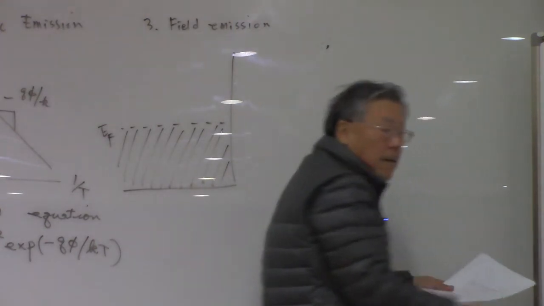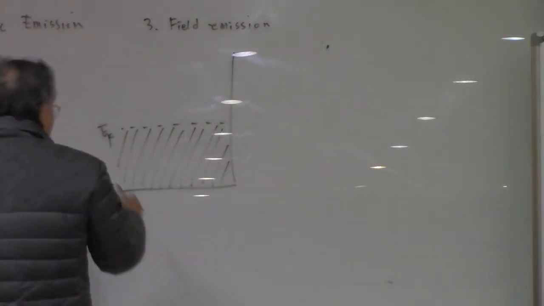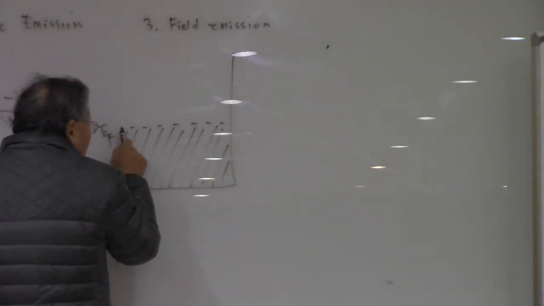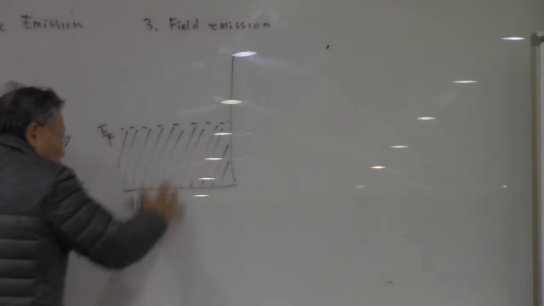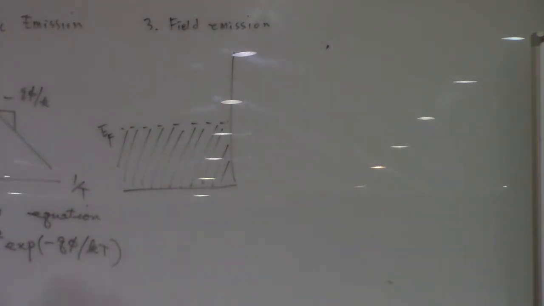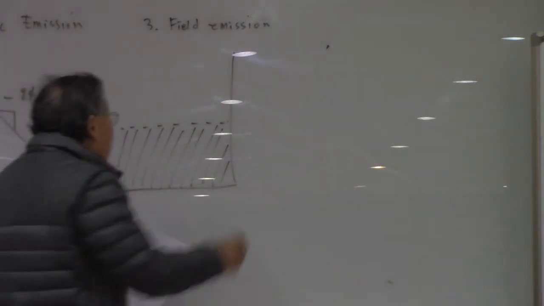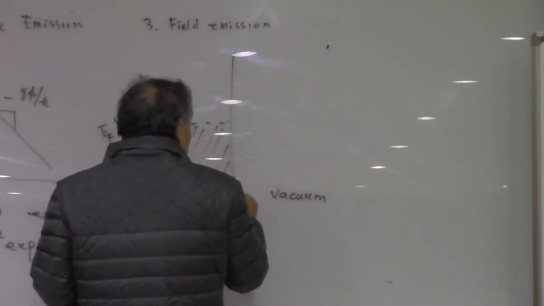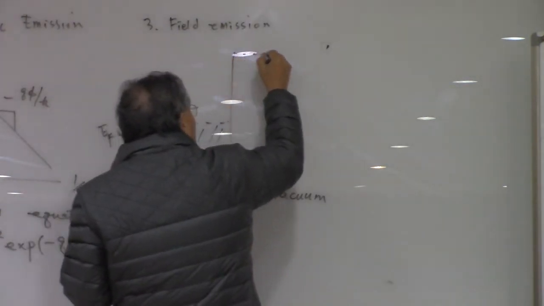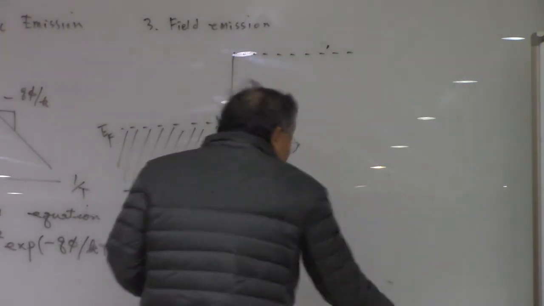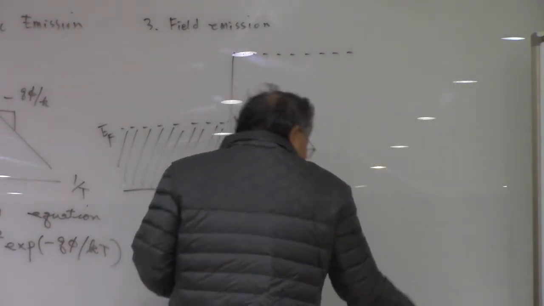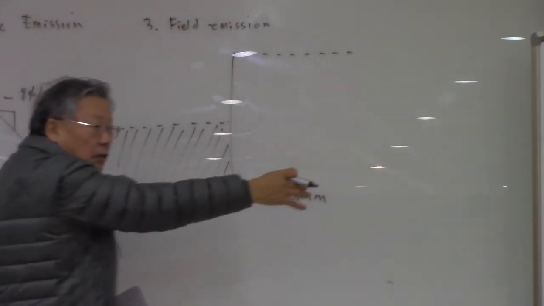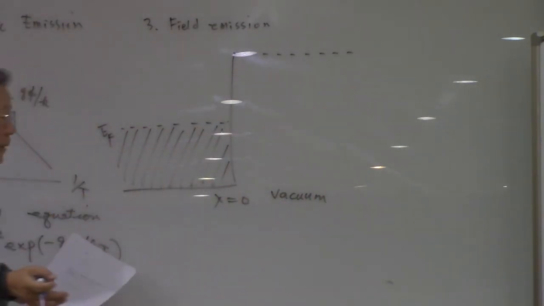This is the free electron model that we have. So at absolute zero temperature, for example, all electrons have this maximum energy, and it's just filled up with free electrons. Okay? And this is the vacuum, and this is x equal to 0. In a vacuum, the energy cannot be defined, but it is somewhere very high, so that the electrons cannot come out to the vacuum in the normal situation.